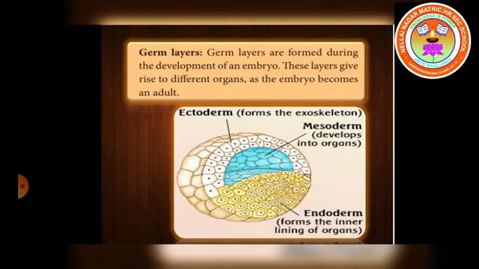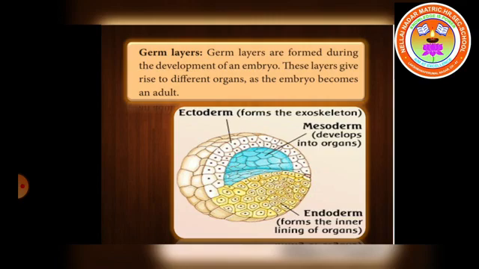Basically, we have three germ layers: the ectoderm, which is the outermost part of the embryo, the mesoderm, and the inner endoderm.